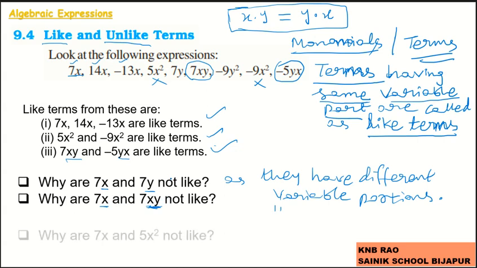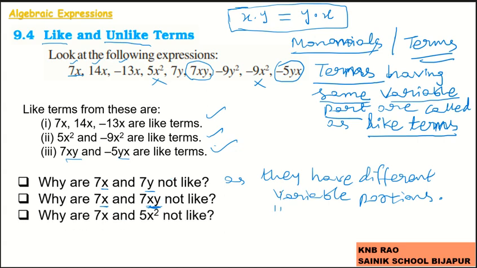Now, coming to the third question: why are 7x and 5x square unlike terms? Again, they also have different variable portions. Watch here, the variable portion is x, that means x is there only one time as a factor. But in this 5x square, you could see 5 being one factor, and x being there twice as a factor, then only you will get 5x square, 5 into x into x.